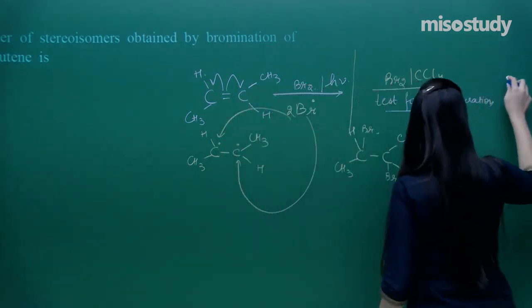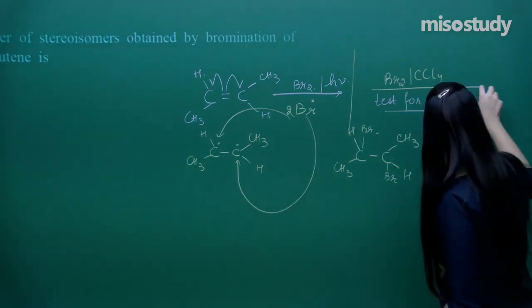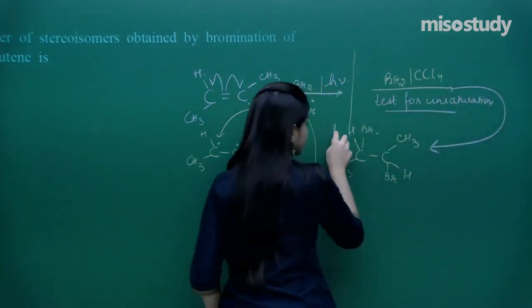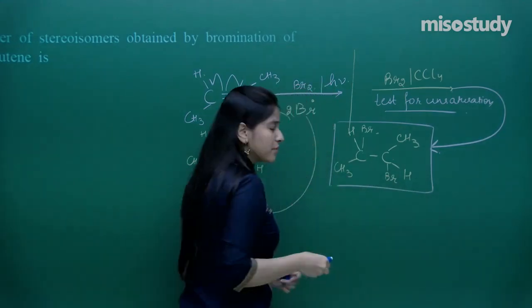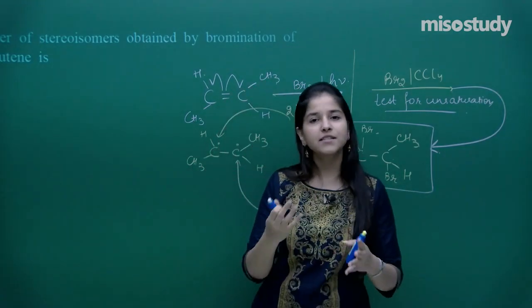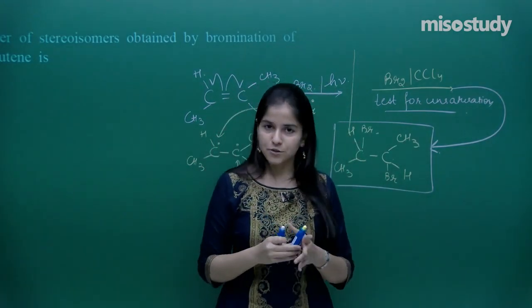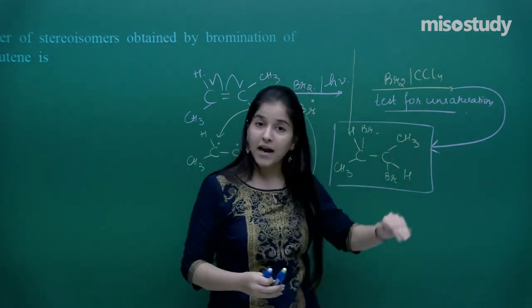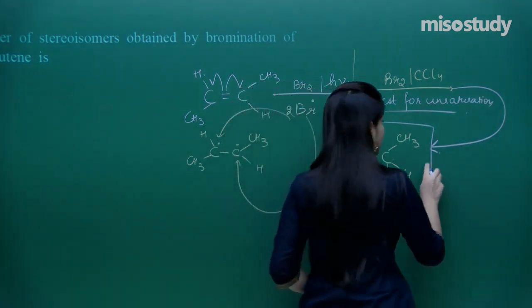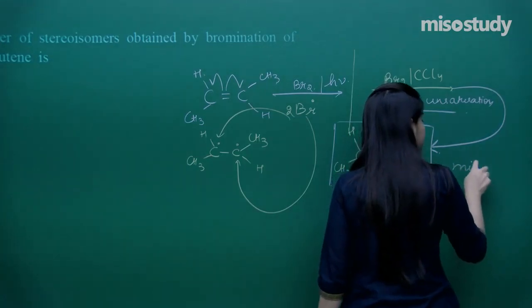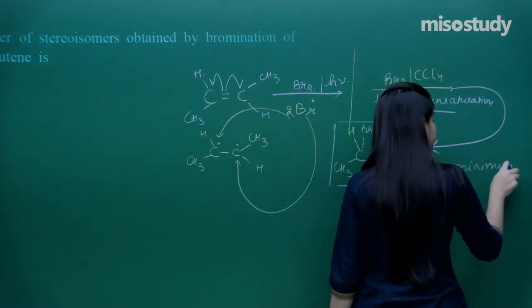So here again I would be getting a similar kind of answer just like this. That means in either case I will be getting a similar kind of isomer. It must be arranged anti because this has got minimum steric repulsions.